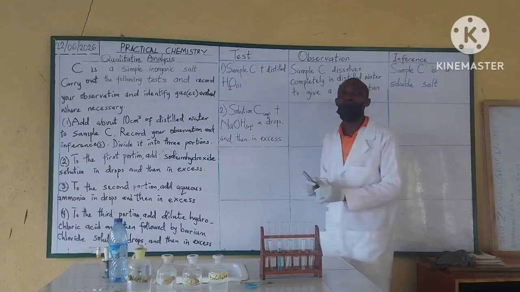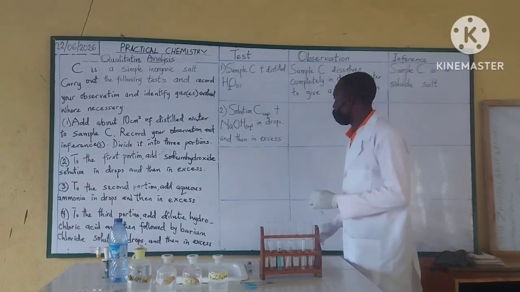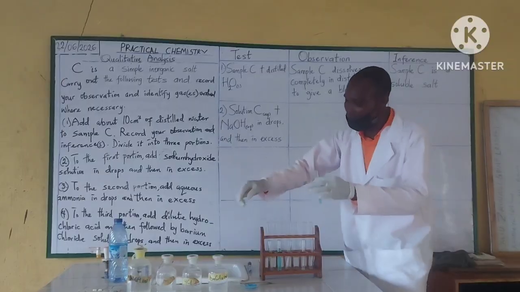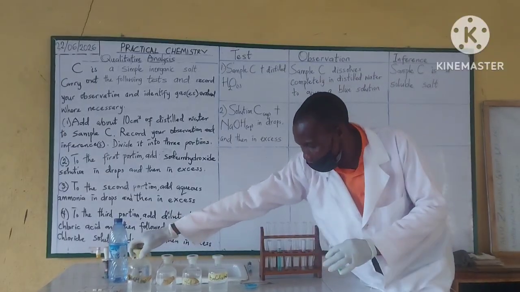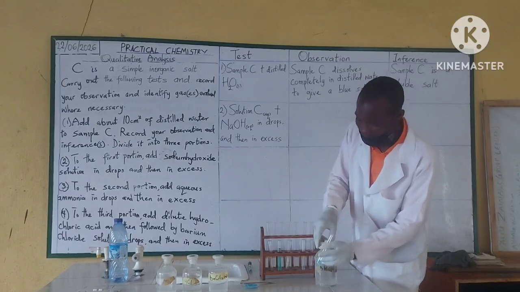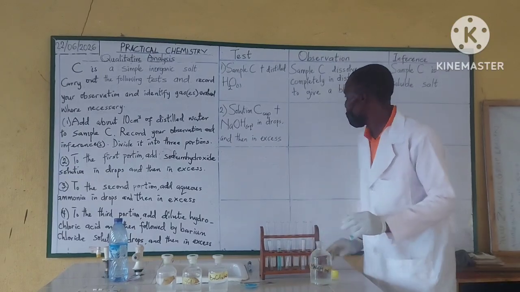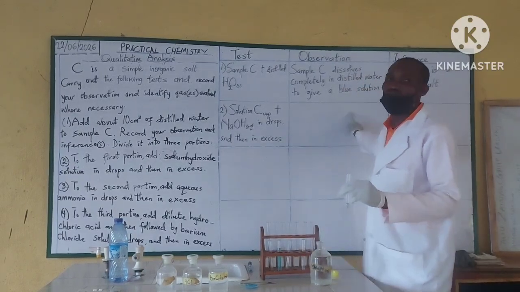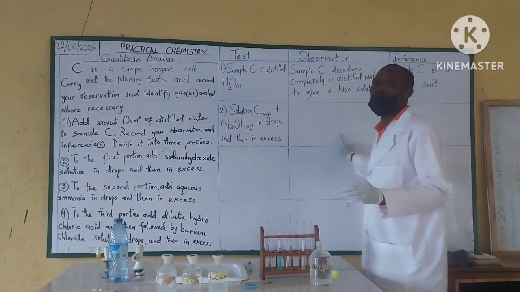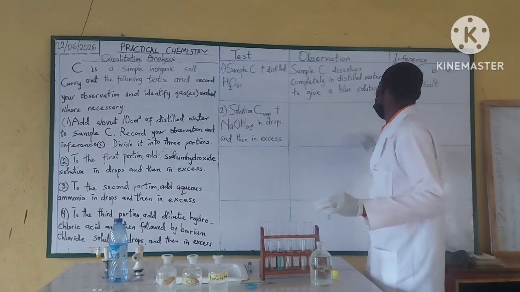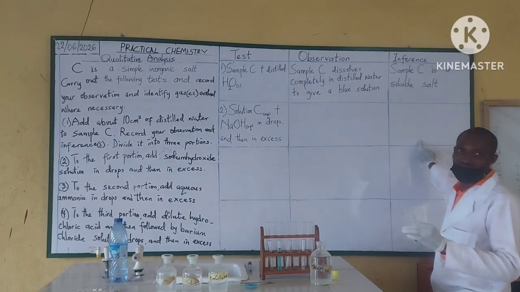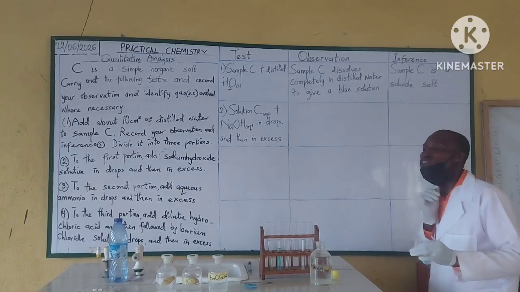We are going to record 2 observations here. When we add sodium hydroxide in drops, we record our observation. Then in excess, we record our observation. At the same time, we show our inferences on the two occasions.